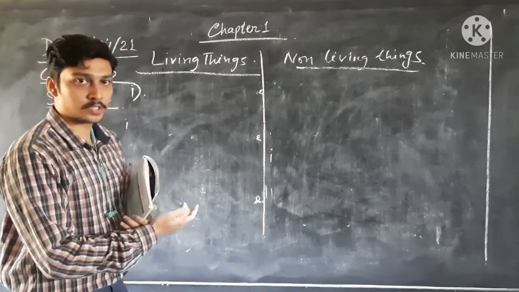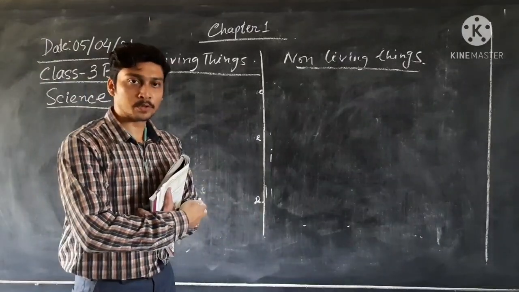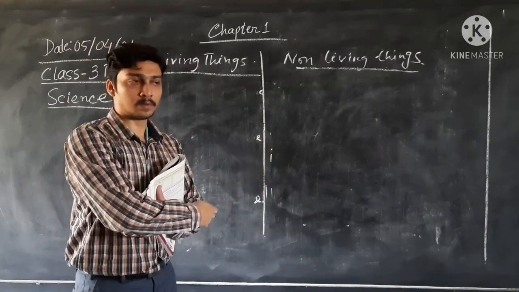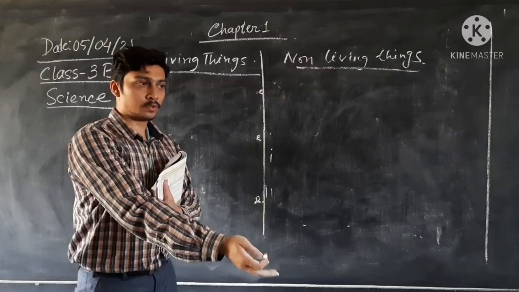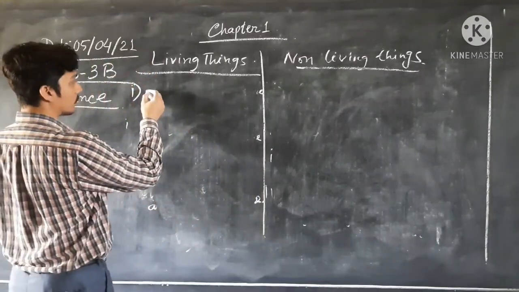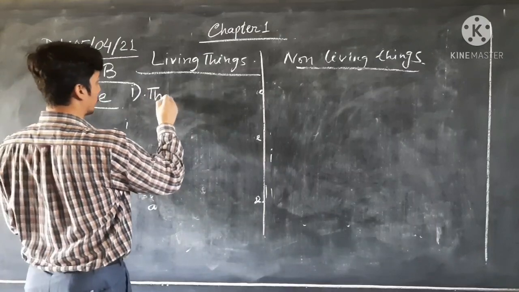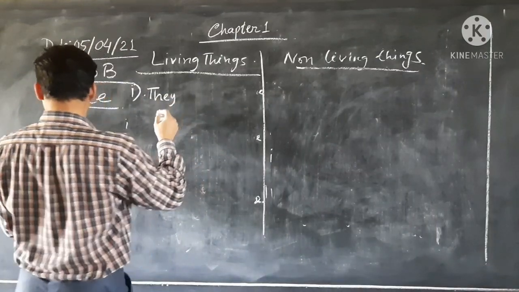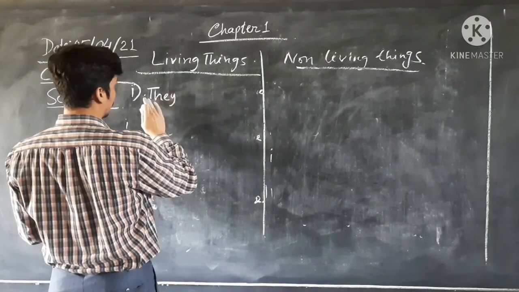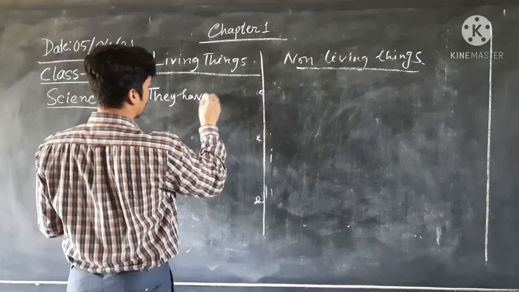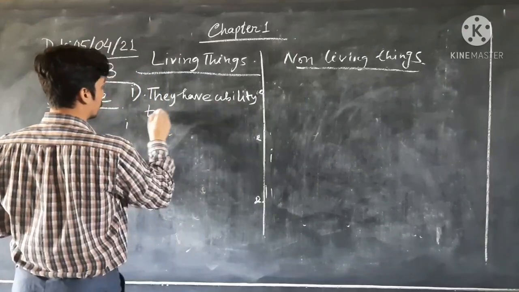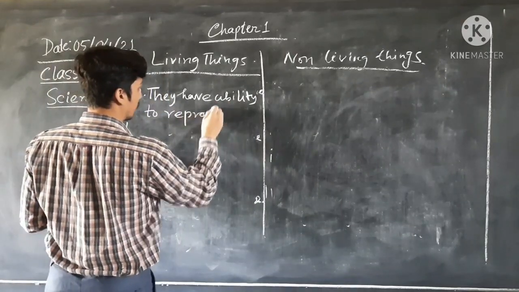You know about reproduction. Living things reproduce the young ones. They give birth to the young ones. So living things can reproduce. They have the ability to reproduce.